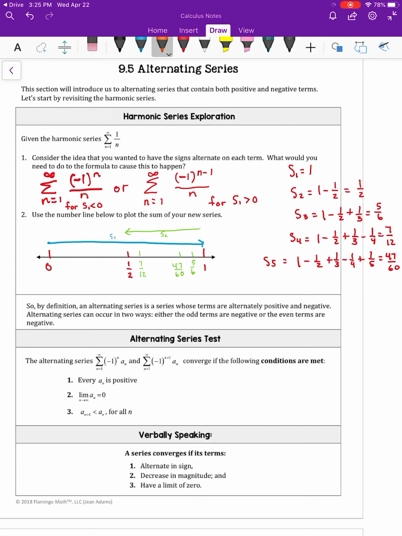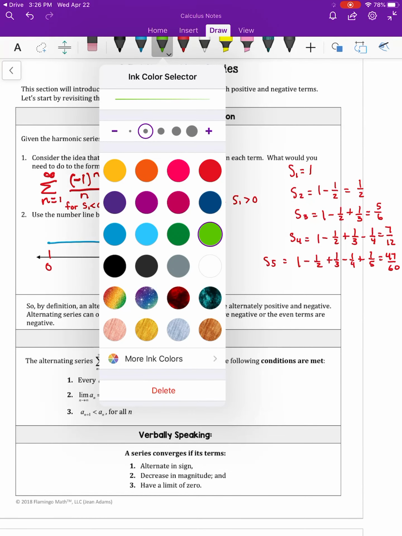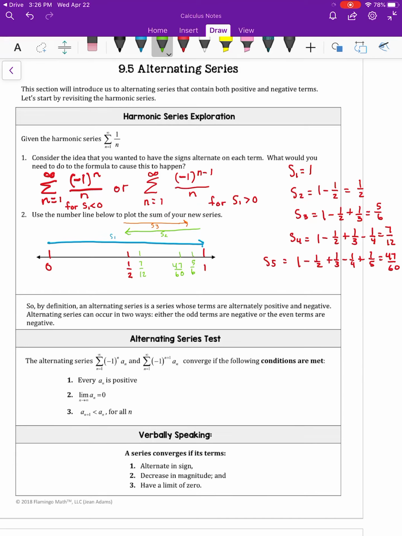I'm going to show it as 1 minus 1/2, because you went to 1 and then you subtracted 1/2 to get that S sub 2. Your third sum was 5/6, so you subtracted 1/2, then added 1/3, and it brought you to 5/6 for my S sub 3.